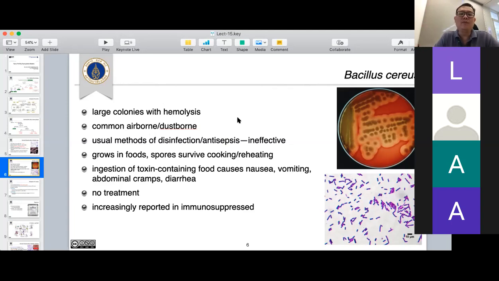Okay, they grow in food in two ways. Bacillus contaminates the food as cells, or actually the Bacillus die, but spores contaminate the food. So two different ways. They probably mostly contaminate carbohydrate-rich food, for example, rice, pasta, noodles, something like this.